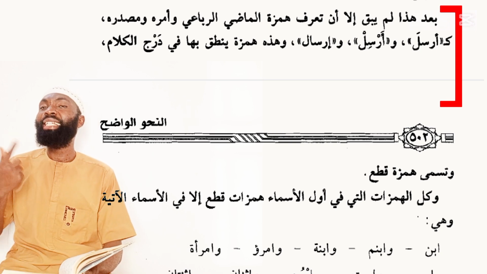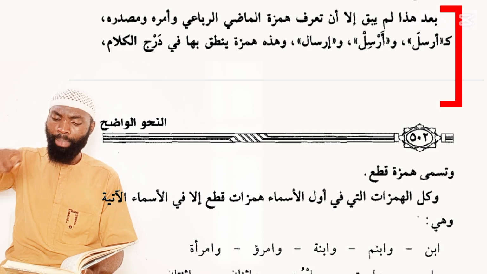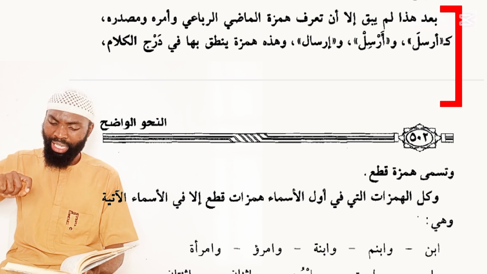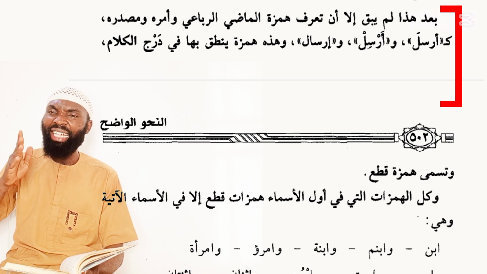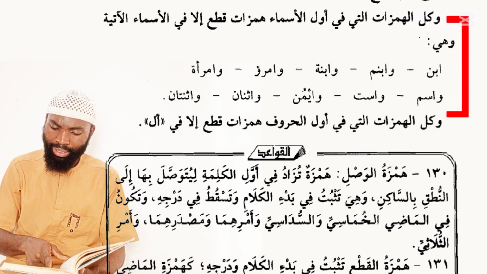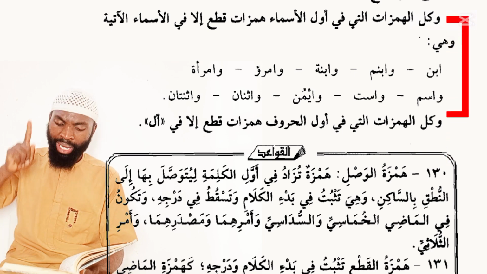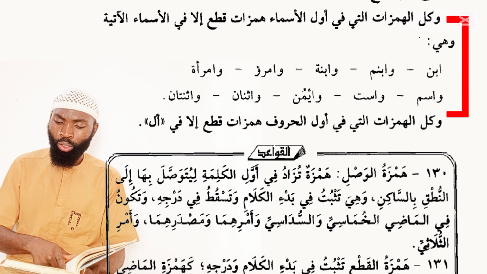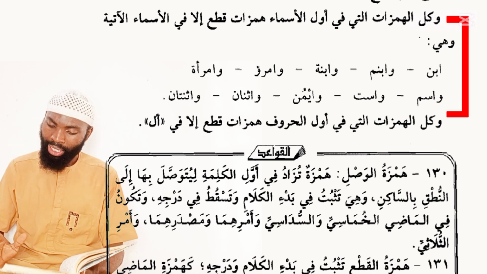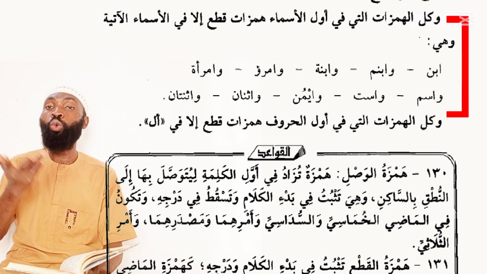وهذه همزة, this type of hamza ينطق بها في درج الكلام وتسمى همزة القطع. This type of hamza is pronounced even at the beginning of a sentence, and it is called همزة القطع. وكل الهمزات التي في أول الأسماء, every hamza which appears at the beginning of nouns, همزات القطع, is this type of hamza, إلا في الأسماء الآتية, except in some few nouns.